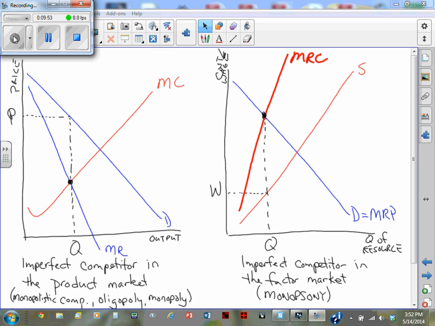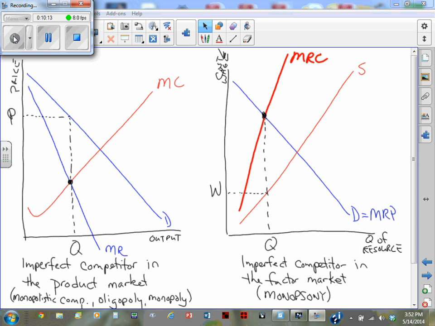In both cases, we're imperfect because we're not allocatively efficient. We're not productively efficient, but most importantly, we are looking at a situation in which one curve determines the quantity and another curve determines the price.